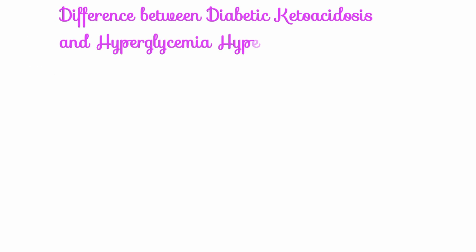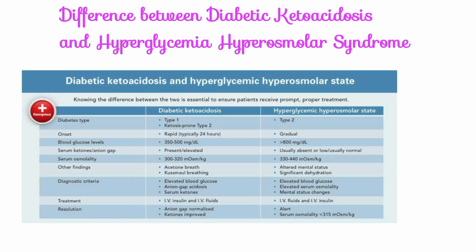The difference between diabetic ketoacidosis and hyperglycemic hyperosmolar state. Diabetic ketoacidosis is most commonly associated with type 1 diabetes mellitus, whereas hyperglycemic hyperosmolar state is most commonly associated with type 2 diabetes mellitus. The onset of diabetic ketoacidosis is rapid, whereas hyperglycemic hyperosmolar state is gradual.